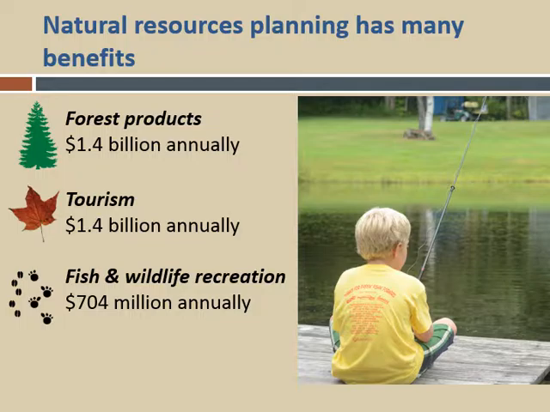Harvest and manufacturing of forest products accounts for $1.4 billion annually, and forest product manufacturing accounts for 8% of the state's manufacturing. Annual spending on tourism is about $1.4 billion, with about one-third of that as foliage tourism. And annually, people spend about $704 million on fish and wildlife-based recreation.